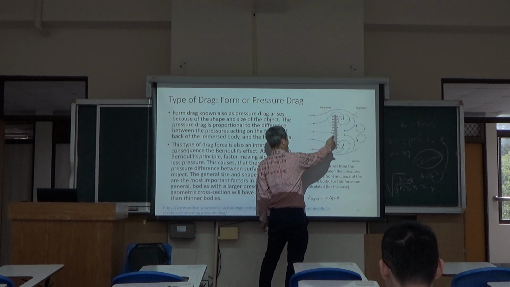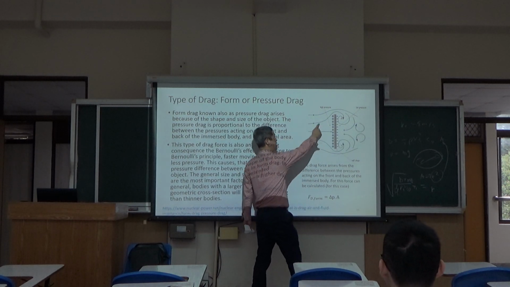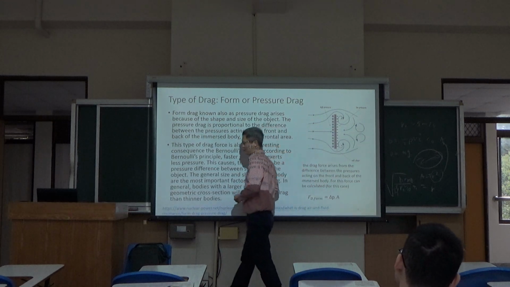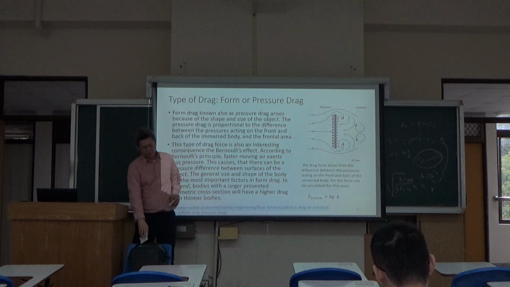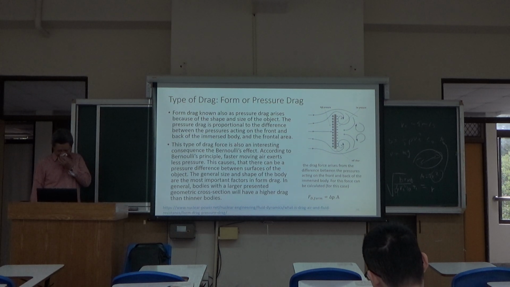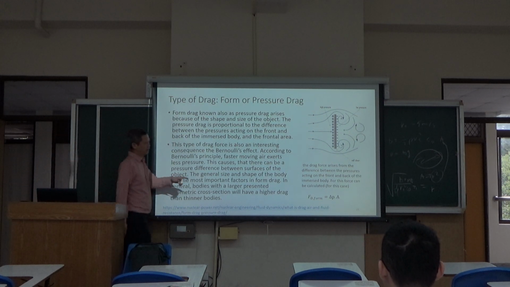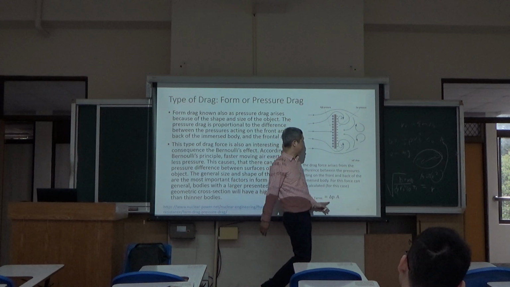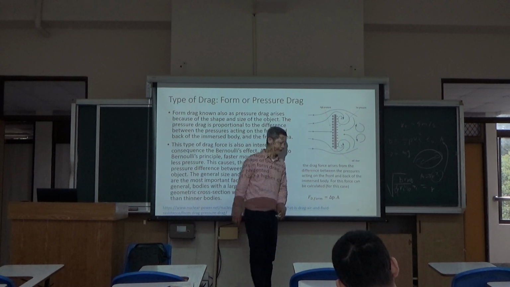This will create a high pressure area, and then you have the low pressure area. Because of the difference of the dynamic pressure, you're going to have the induced drag. This drag force can be simply calculated as the pressure difference over the area.